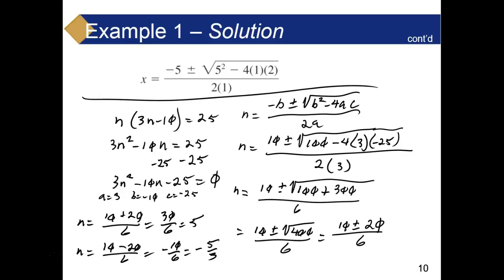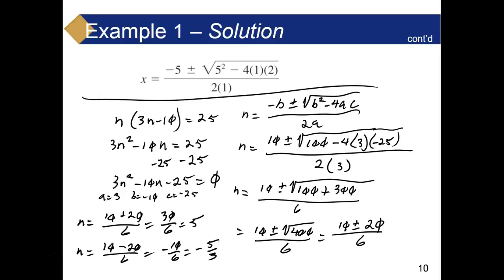Got it? And we could have done that by factoring. Can anyone look at the answers and tell me what the factors would have been? If n is equal to 5, what's one of the factors? n minus 5. Remember? Set it equal to 0 and you get n equals 5.